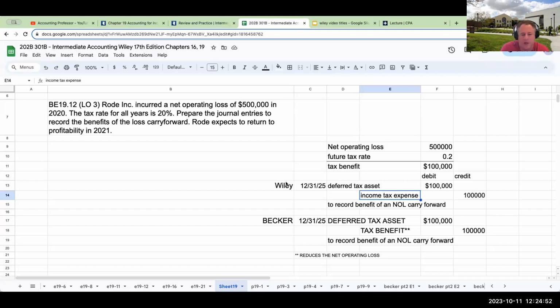But again, it's important to remember as you're going through these questions to really question everything. When you get into topics like this in intermediate accounting, this is why it's intermediate accounting. We're exploring these issues a little bit more.